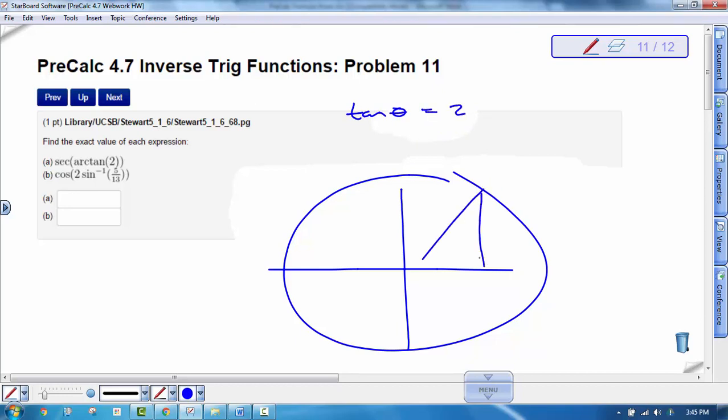So I'm just going to draw a reference triangle in here and say that this is theta, and the tangent then is opposite over adjacent. So that'd be like 2 over 1, in which case this would be the square root of 5. So let's use that as a reference triangle. This is where the sine and the cosine are both positive, so the tangent would be positive. If I want to do the secant of that, that's the reciprocal of cosine, that'd be hypotenuse over adjacent, so it'd be square root of 5 over 1, or square root of 5.